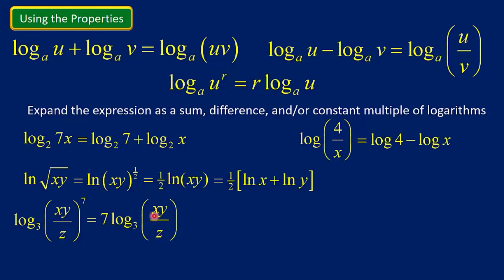If it's on top, it's going to be a plus. So if you see it on the bottom, there's going to be a minus in front. So let's see how this is going to look. You're going to have 7 (log x + log y). How do you deal with this bottom? Minus log z. See? Because it came from the bottom. So you're going to have a minus.